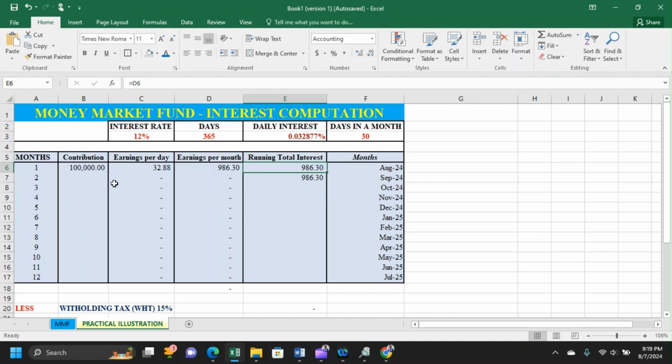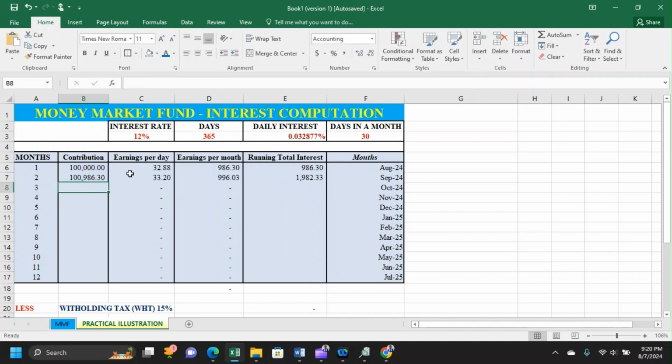Now let's see the power of compounding. At the start of the following month, your amount subject to computation of the interest will not be 100,000 Kenya shillings, but will be the initial investment of 100,000 Kenya shillings plus the interest that has been made from the previous period, which is 986.